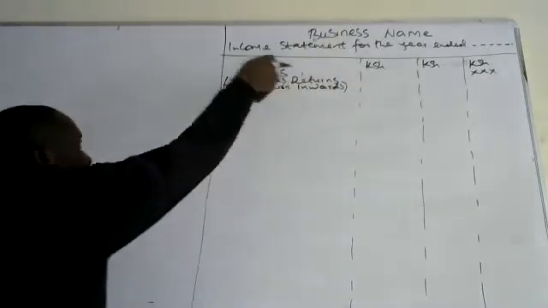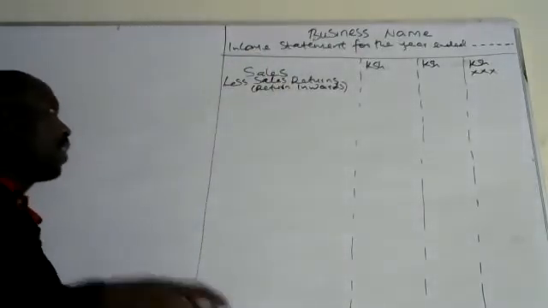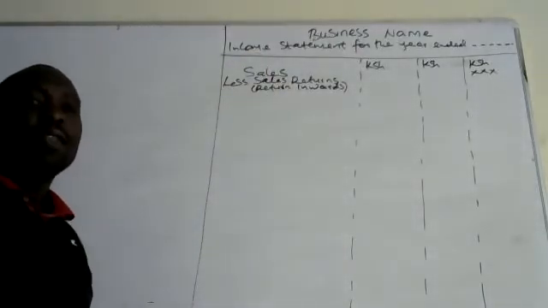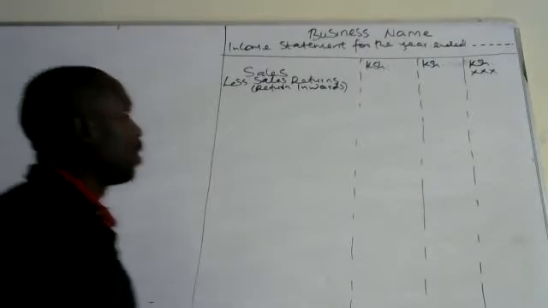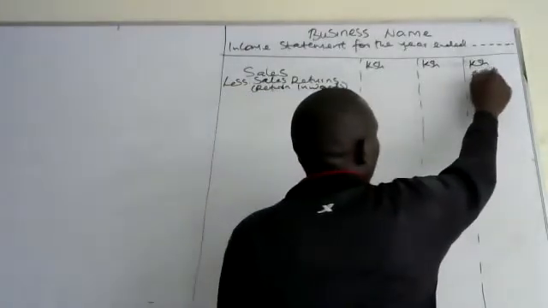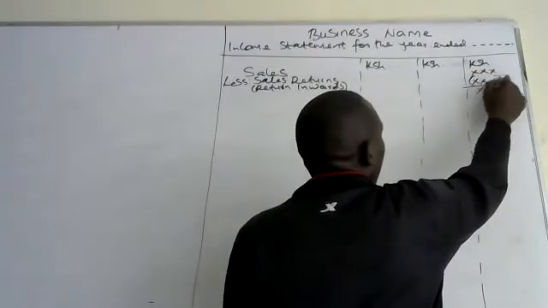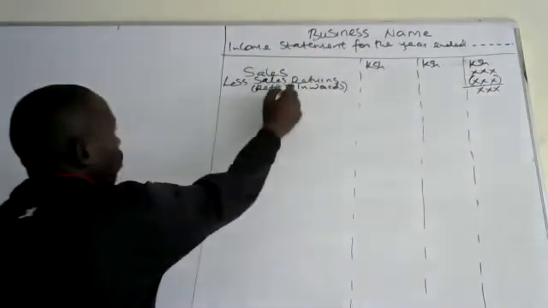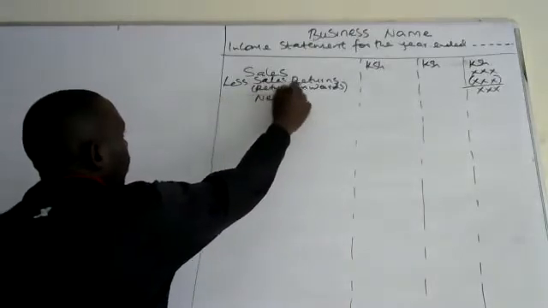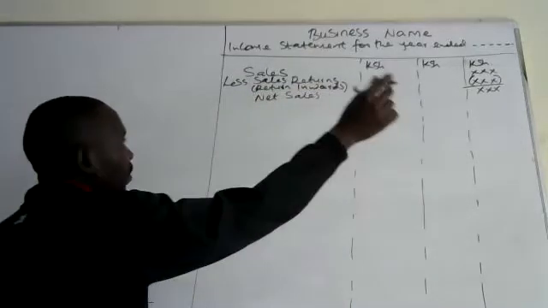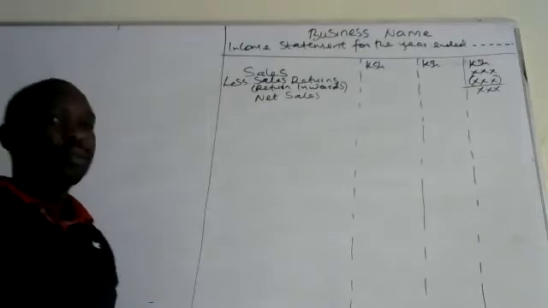Some questions will give you sales returns, others will give you return inwards. They are one and the same. If you are given that, you less. Then whatever figure you get there is what we call the net sales.